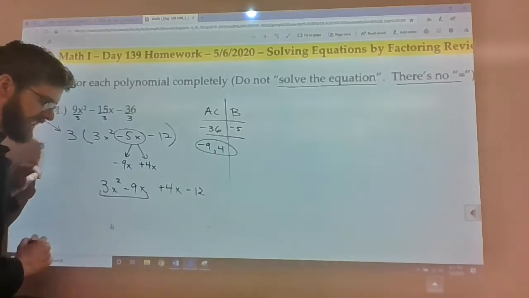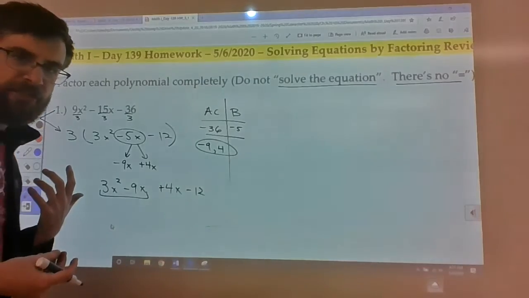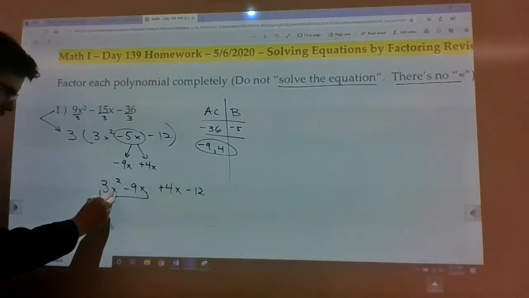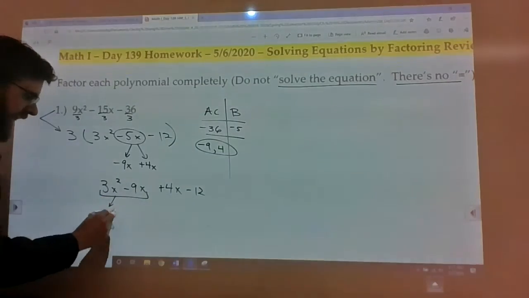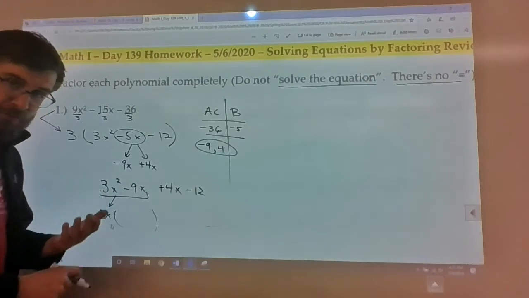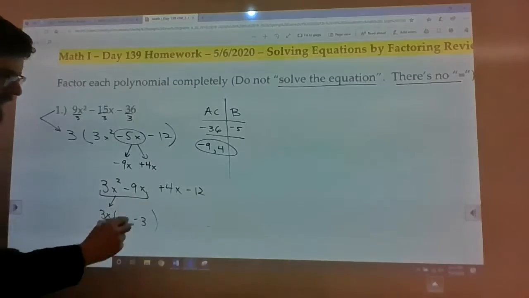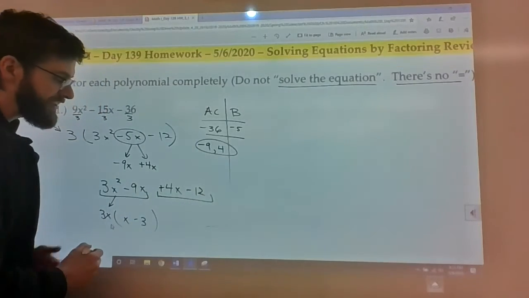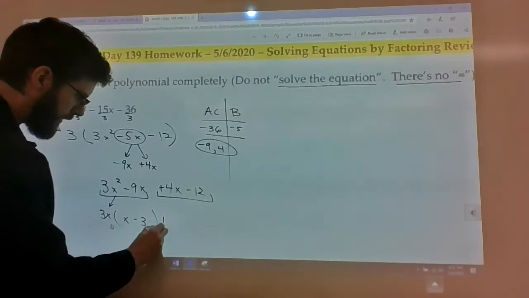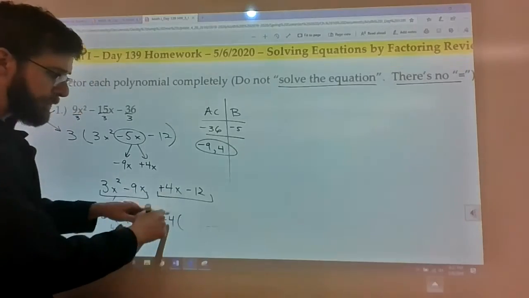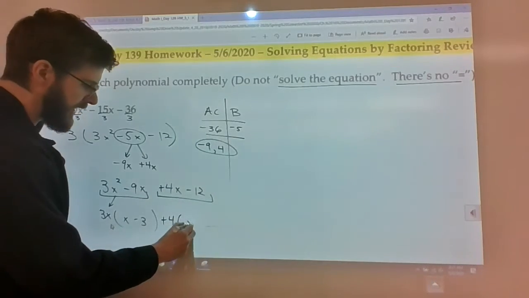These two grouped together, they both share a 3x. And then I'm going to divide each part by 3x to get the x minus 3 leftovers. Okay? Then this, we see, shares a positive 4. Dividing both parts by 4 gives us x minus 3 again.